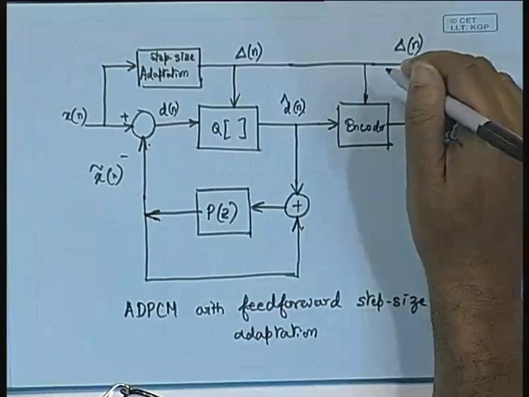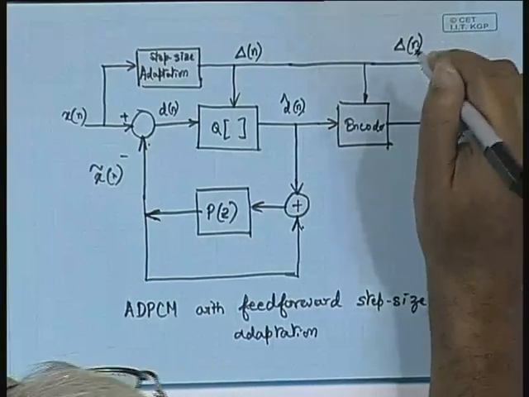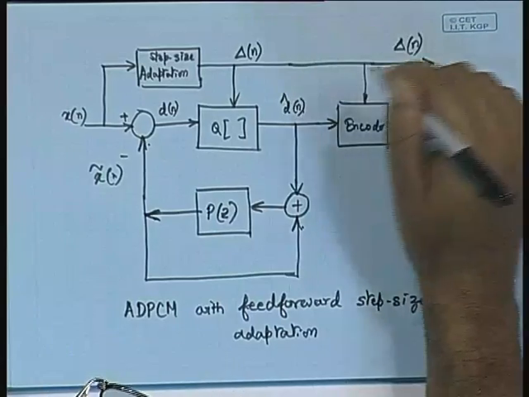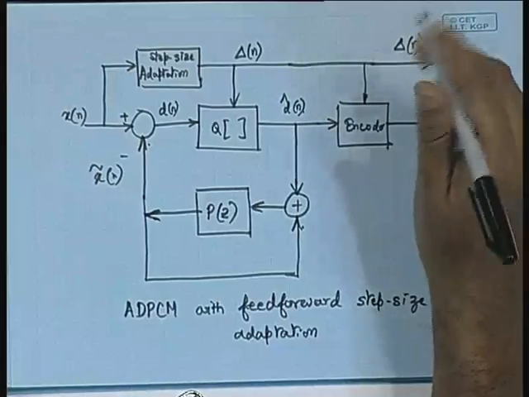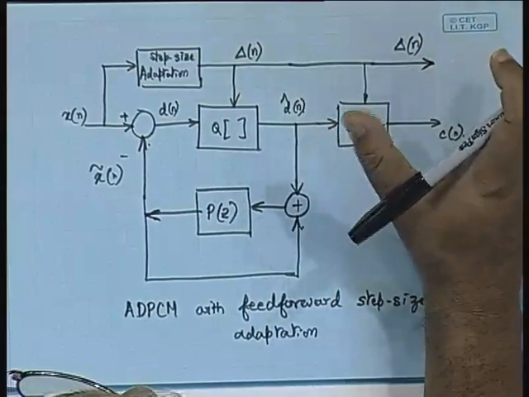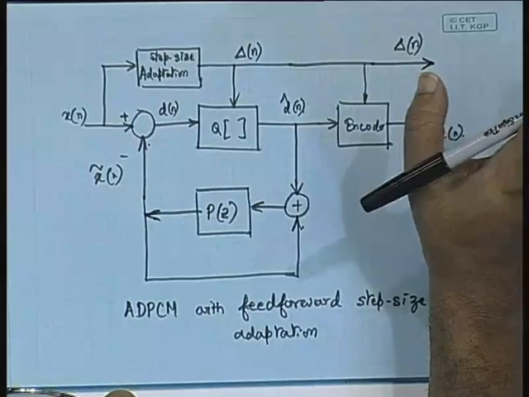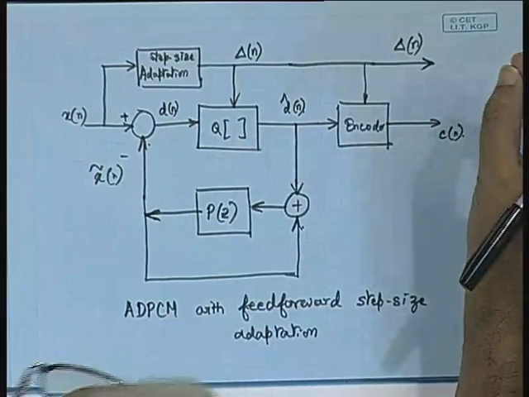In order to make it less susceptible to error, whenever you are transmitting this delta n into the channel, this delta n also should be error free. So, if we draw the decoder, then at the decoder input we call that delta prime n, and this C prime n. Now, if there is an error in C prime n in one of the samples, it really does not create much of a problem. Okay.